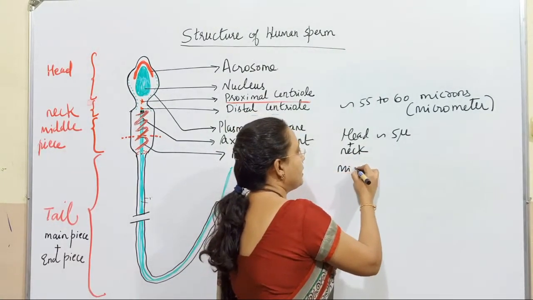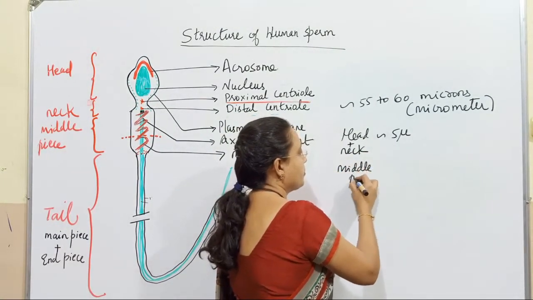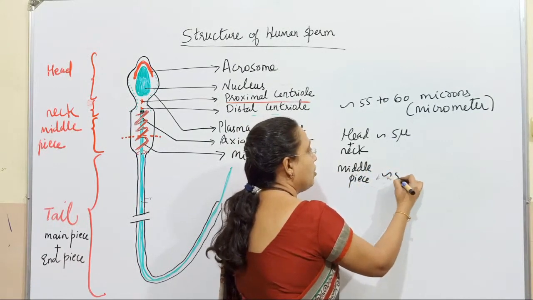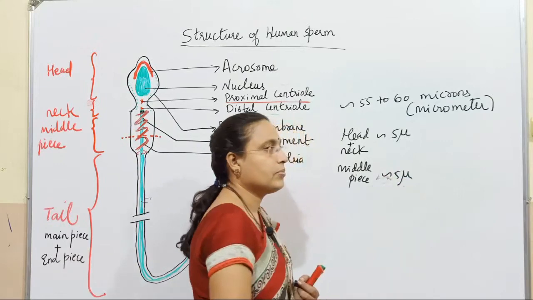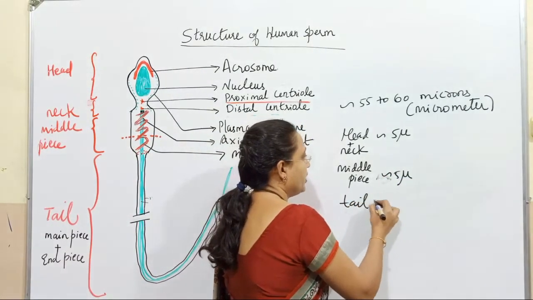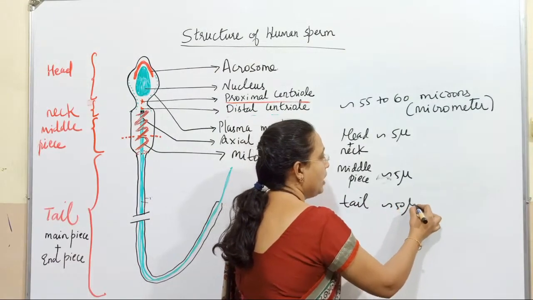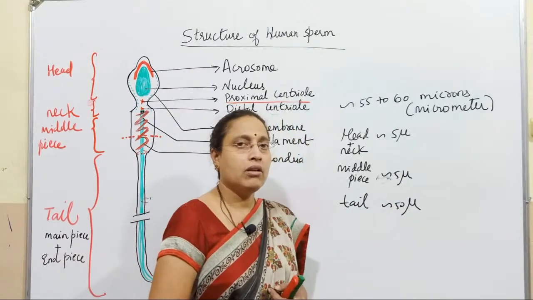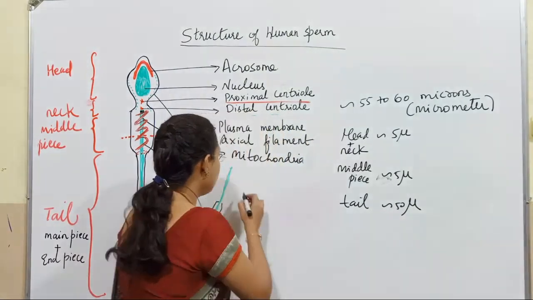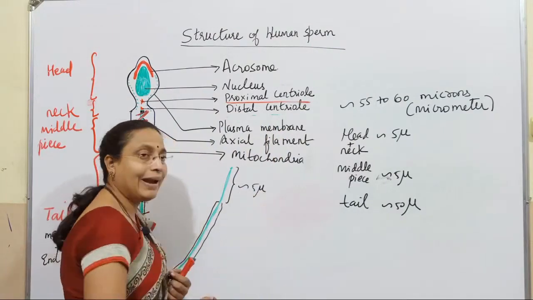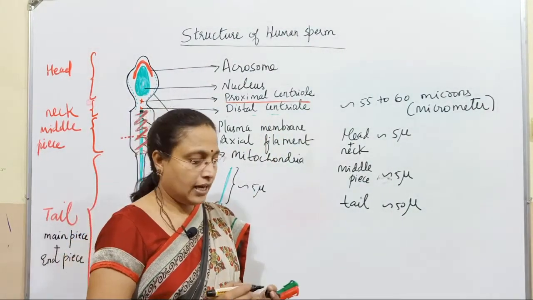The middle piece is again 5 microns and the tail is 50 microns. In this 50 microns, 5 microns is the end piece of the tail.